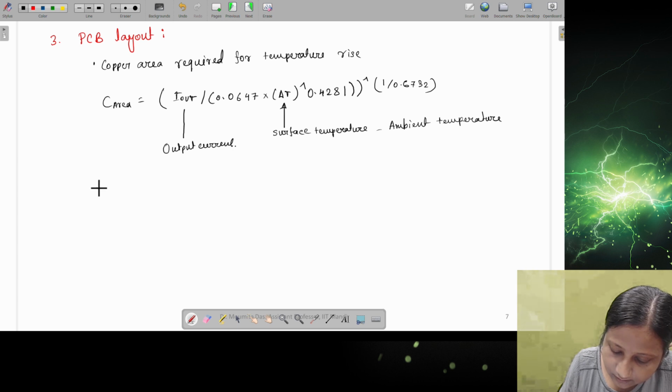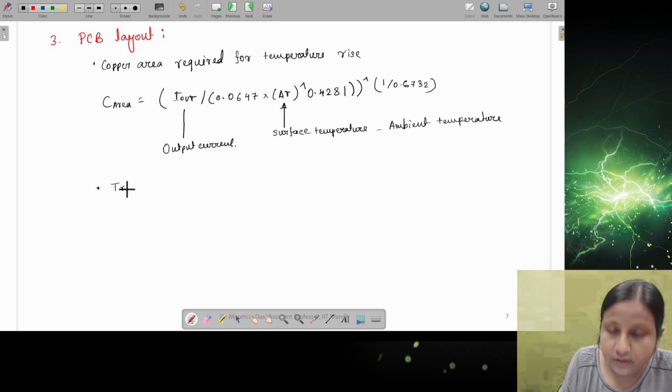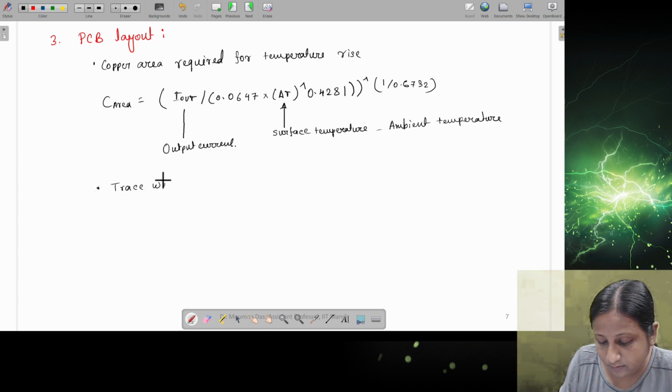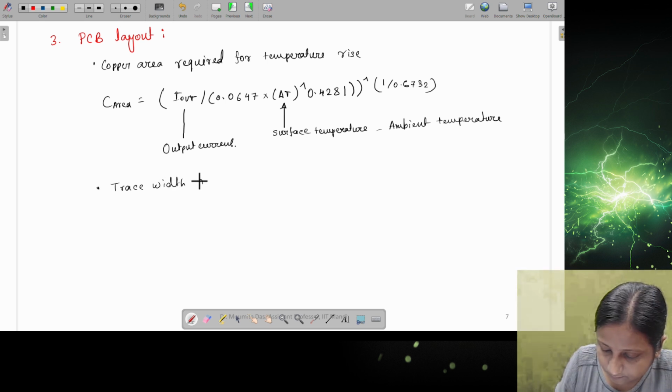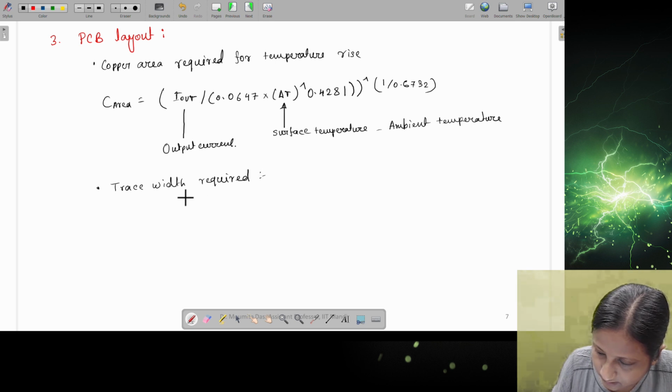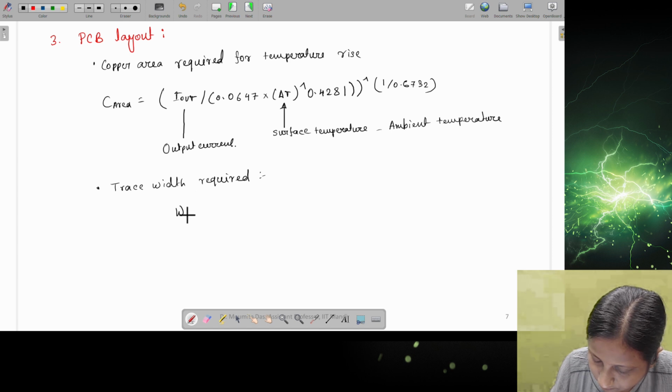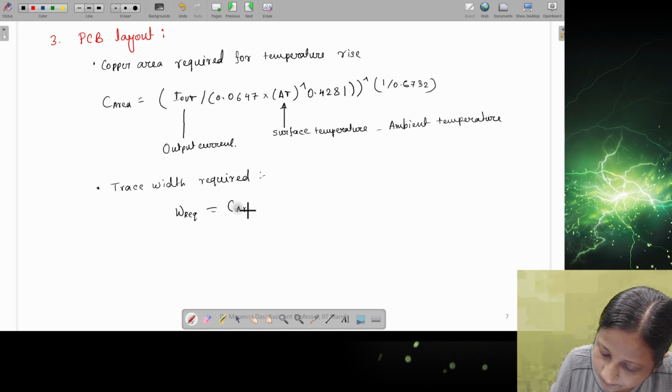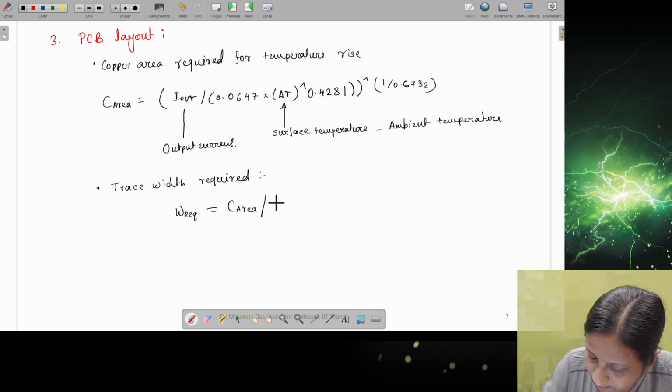Now the trace width in the PCB required for heat dissipation for temperature rise. Basically this is the width of the trace. It is C area, that is the copper area, divided by C thickness, the copper thickness in the trace, multiplied by 1.378.